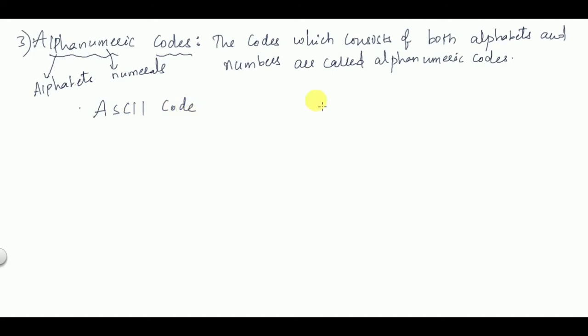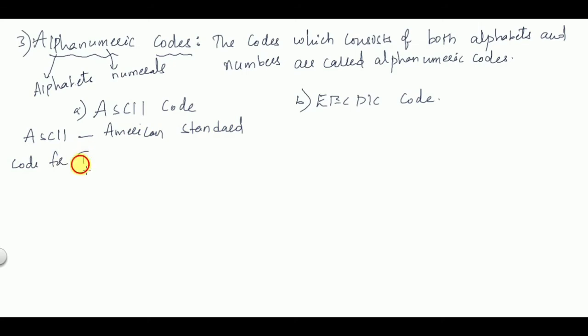One is ASCII code and the second is EBCDIC code. ASCII stands for American Standard Code for Information Interchange.